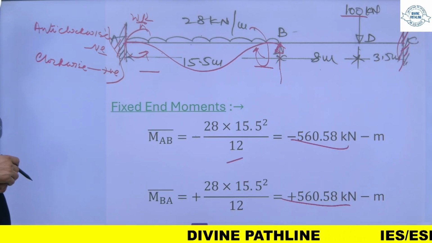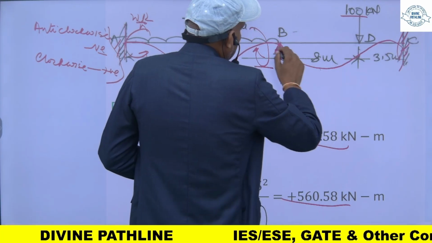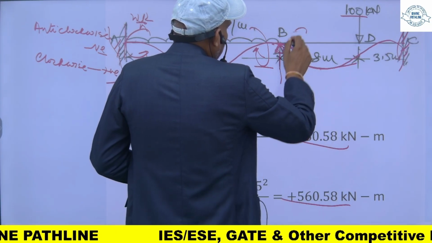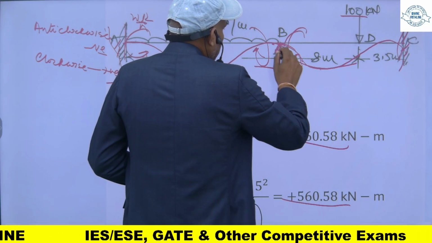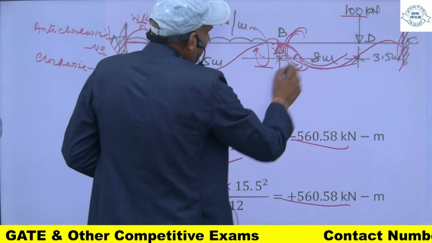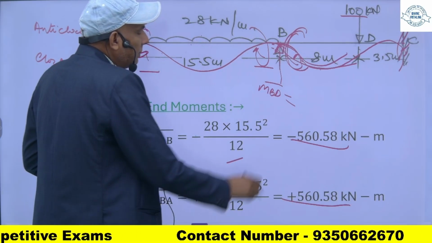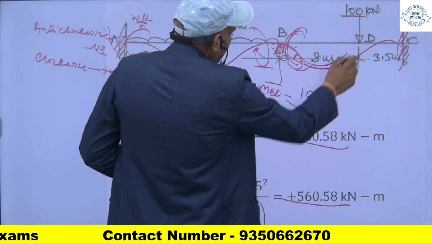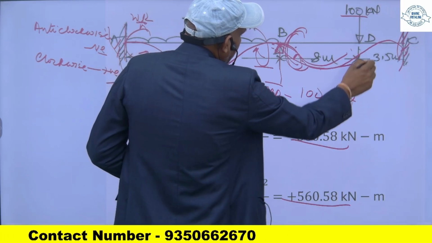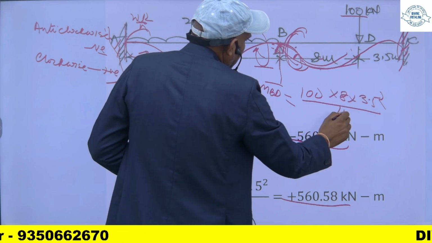Then for this portion, this is anti-clockwise, and in this MBC, the value will be 100 into 8 into 3.5 square upon 11.5 square.